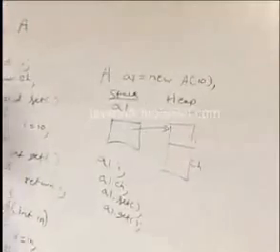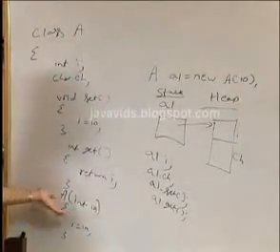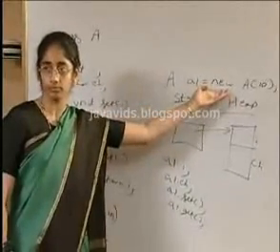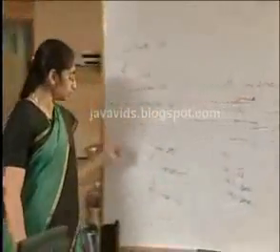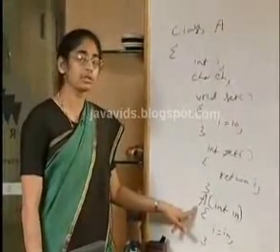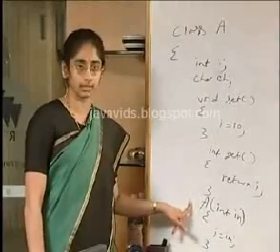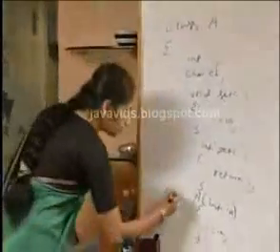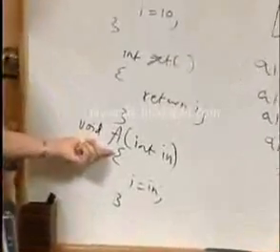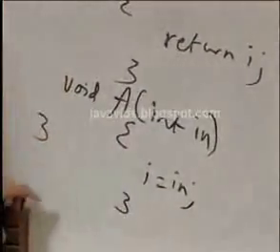Because when does a constructor get executed? The constructor gets executed every time you create an instance, when you say new. So constructors are executed when you create an instance of a class. They are used to initialize the members of a class, and they do not have a return type. If you were to put some return type here, this is no longer a constructor, it's like any other method.